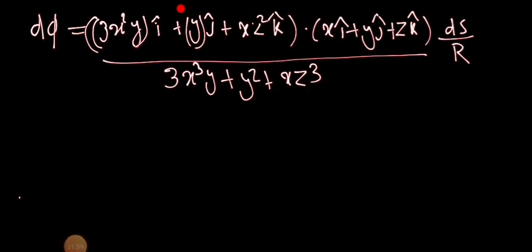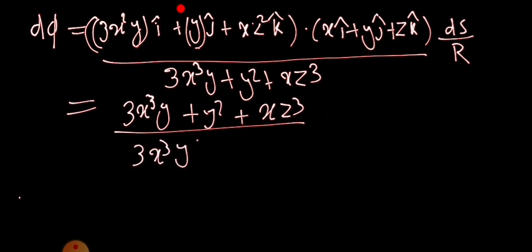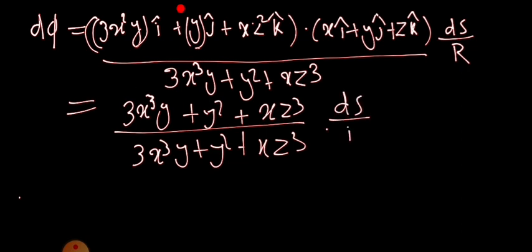In dφ we have the dot product: î times î, ĵ times ĵ, k̂ times k̂. So this will be equal to (3x³y + y² + xz³) divided by (3x³y + y² + xz³), into ds by R. The beauty of this question is that after the dot product, what we obtained and the denominator get cancelled out.